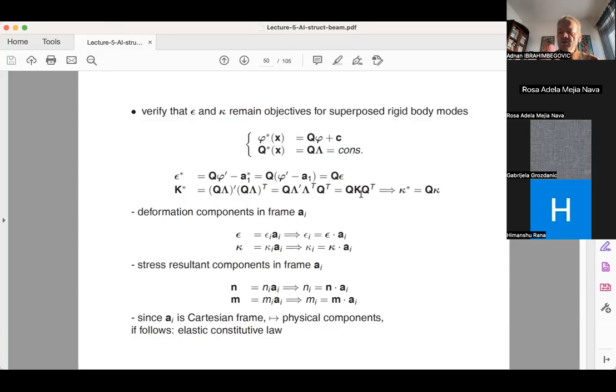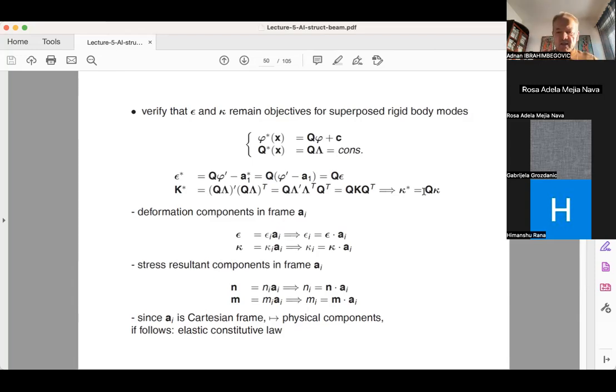This is the transformation of a skew symmetric tensor with Q and Q transposed, and the corresponding axial vector, little kappa, could be simply transformed with Q. Again, you have an objective transformation. So you show two things, that these are indeed strain measures. If the motion is the rigid body motion, there's nothing going on. And if you have a strain measure in a certain deformed configuration, they transform according to the objective rules, according to this rotation. So everything is fine.